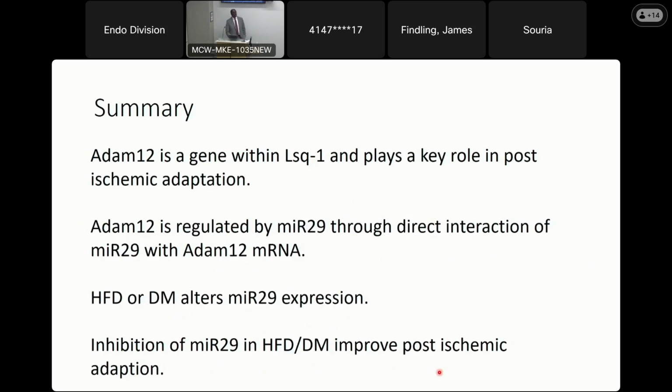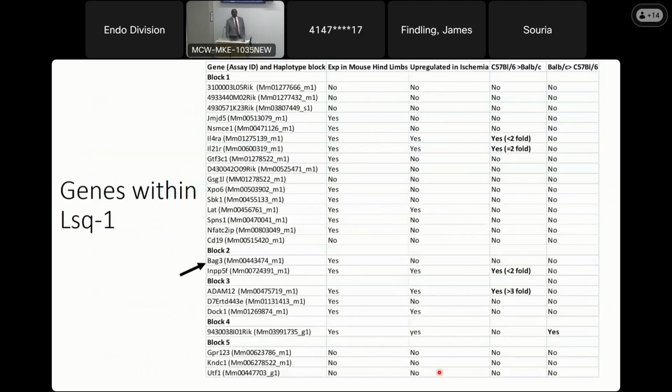I'm going to switch quickly and tell you about another story that we've followed a little bit, and that is that of BAG3. So what I'm showing you here is, after our initial mapping of the limb salvage QTL1, these are the genes that we found within our refinement of the initial mapping.